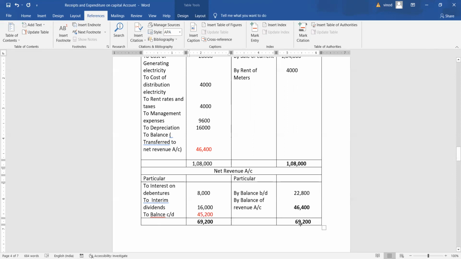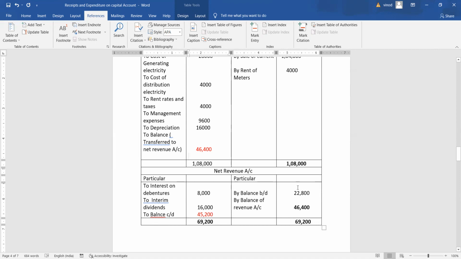This is 46,400. Please remember, this net revenue account is an appropriation account. In this account, we should write interest and dividends. We have written interest on debentures, that is 8,000. Then the interim dividend they have paid, that is 16,000.